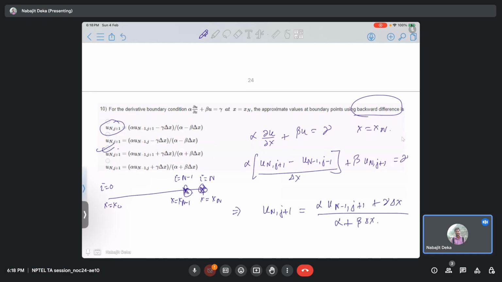So we see here we got the value of u at x equal to xn as a function of the n minus 1 node point. Earlier we have seen Dirichlet boundary conditions where the value of u at j plus 1 will be given as 0, 1 or some other values, right?